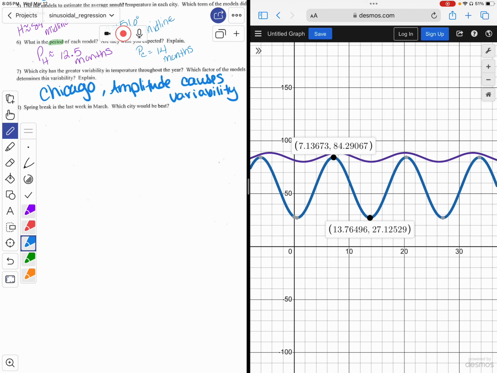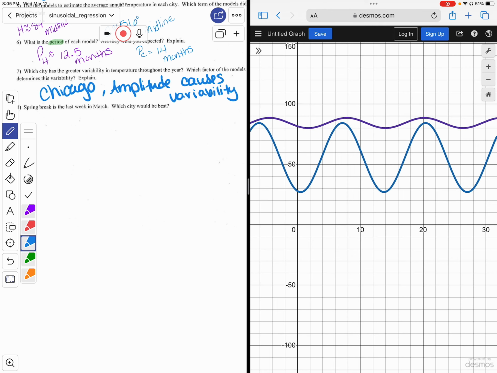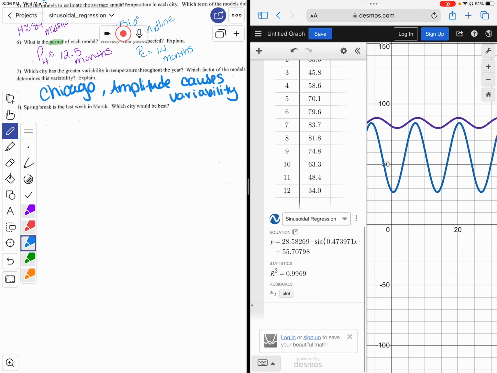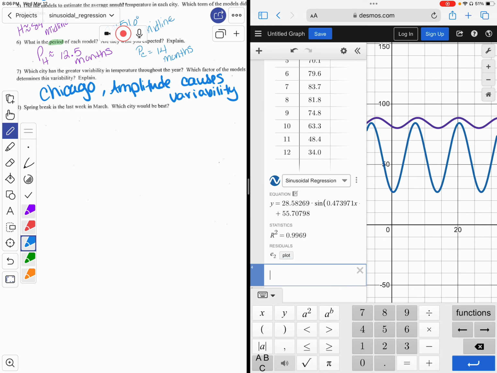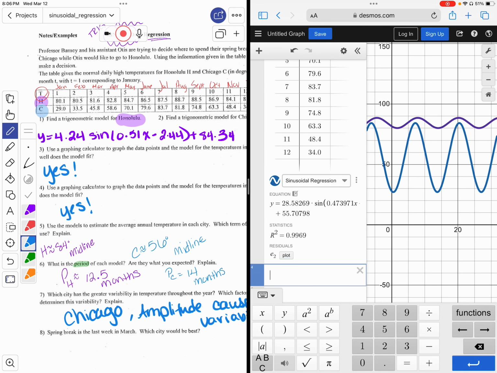So if spring break is in March, which city would be best? Okay, we've got both of our data here, and we want to know what happens in March. If I'm working in Desmos, my first question is, according to my table, is March going to be an X value or a Y value? March is a month, so I know that is X, and March is January, February, March, the third month.